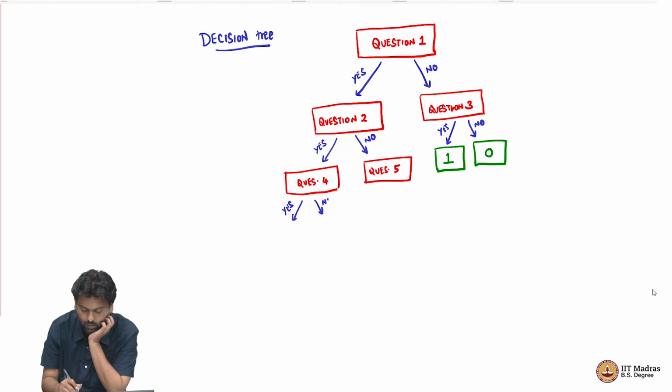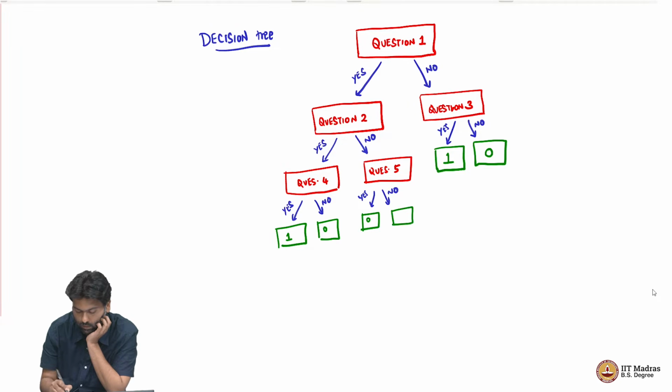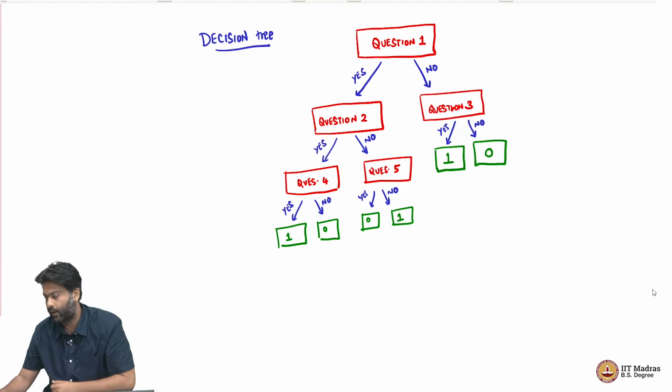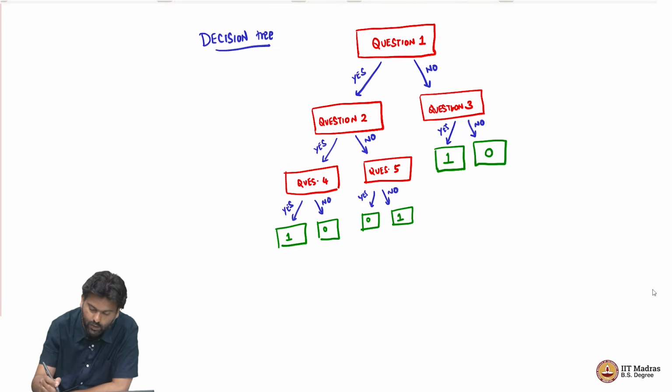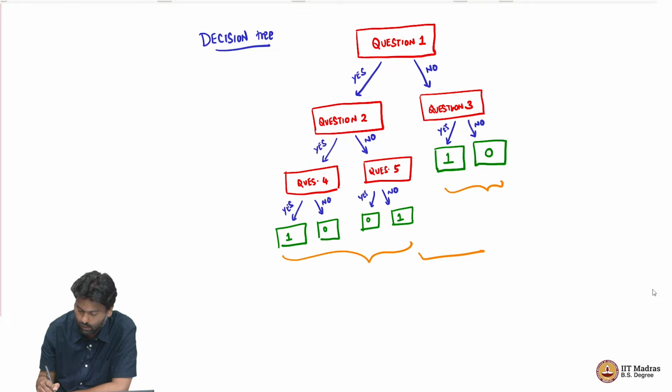This might be yes, no, and this is yes, no. And now you make the decisions: maybe here it is 1, here it is 0, here it is 0, here it is 1. These nodes are called prediction or leaf nodes.